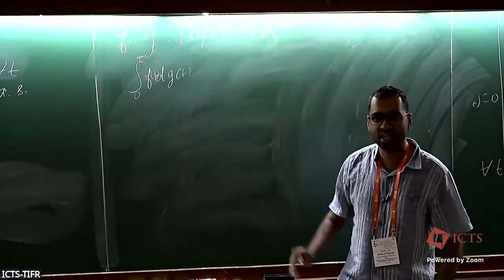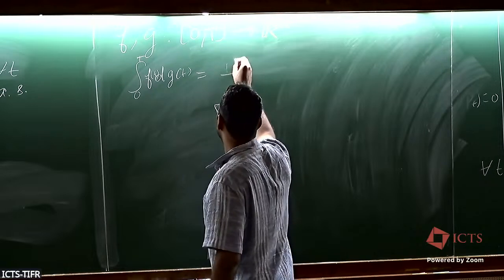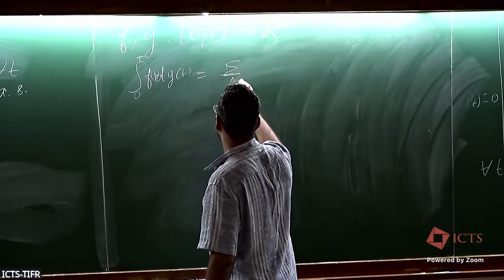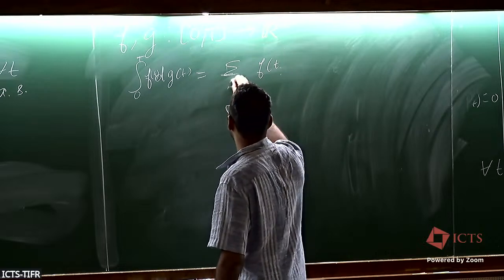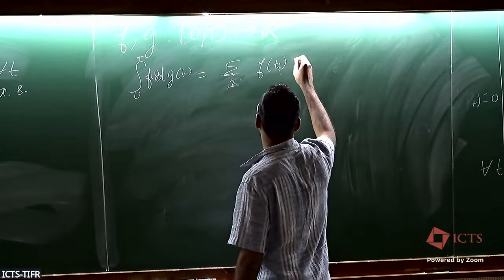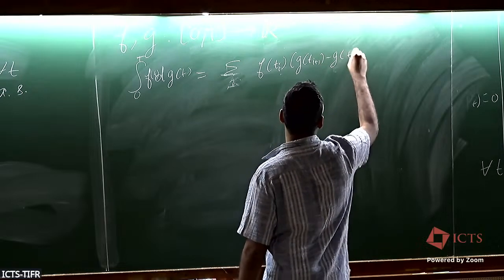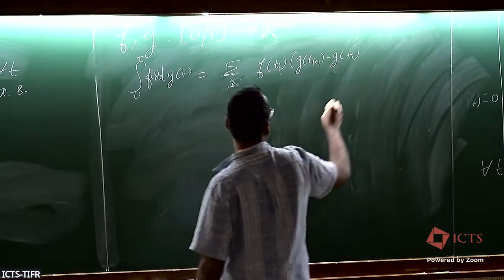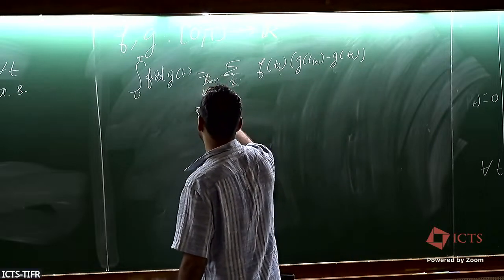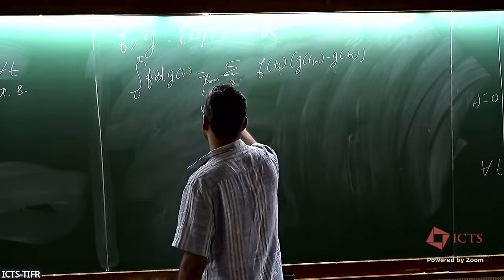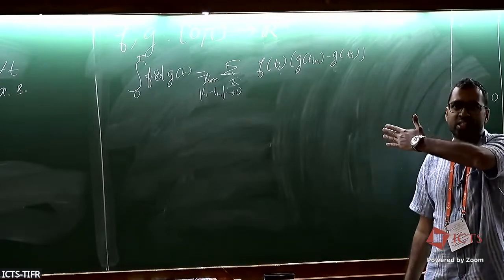But how this is actually defined is, you can, for example, take the summation over i of f(t_i) times (g(t_{i+1}) minus g(t_i)), and you can take the limit as the grid size, t_{i+1} minus t_i, tends to 0. This is how you define Riemann integration if you remember your course.